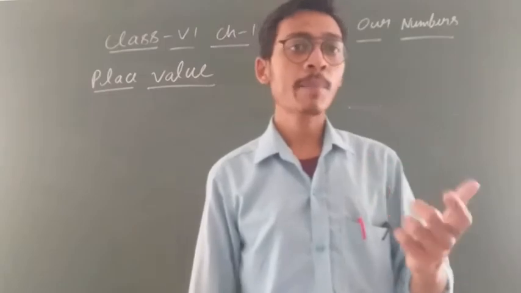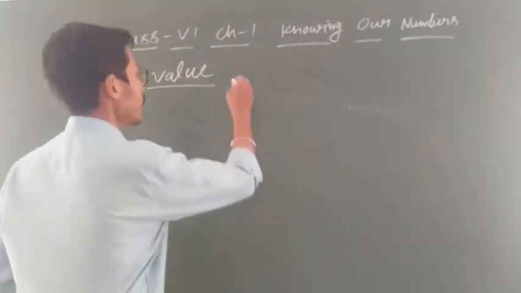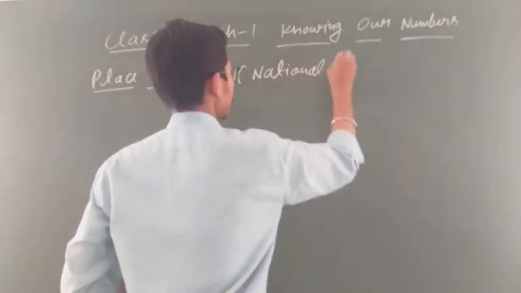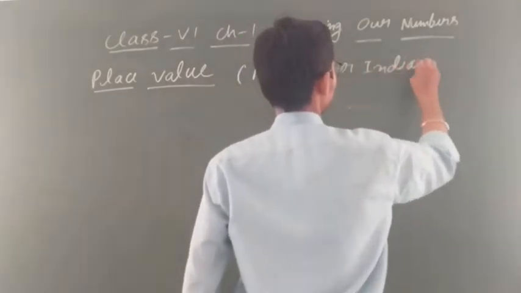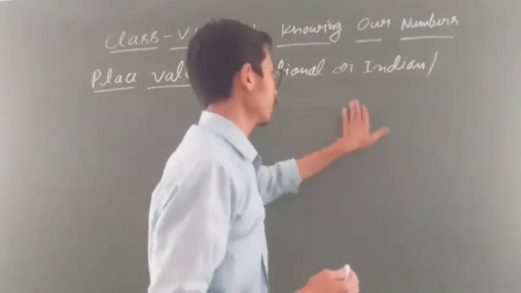Clear student? अब place value, देखिए, there are two types of place value: National or Indian. So here I am writing, देखिए.